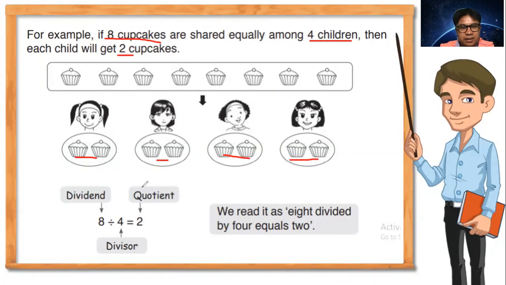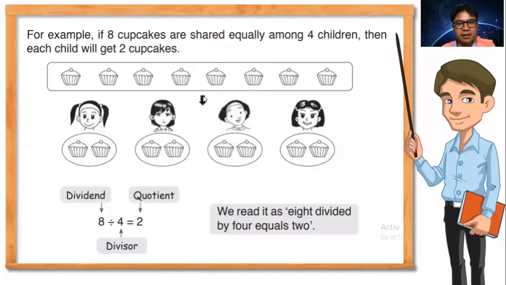So in other words, 8 cupcakes divided by 4 children, and each child will have 2 cupcakes. So this is the dividend, the divisor, and this is the quotient. So we read it as 8 divided by 4 equals 2. This is how we read the equation.